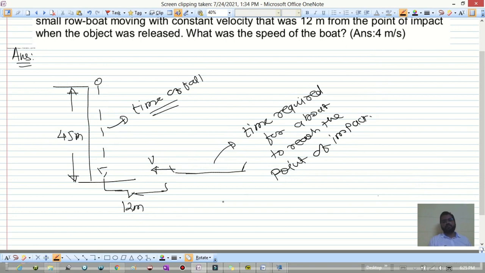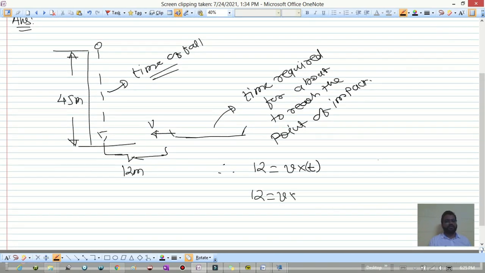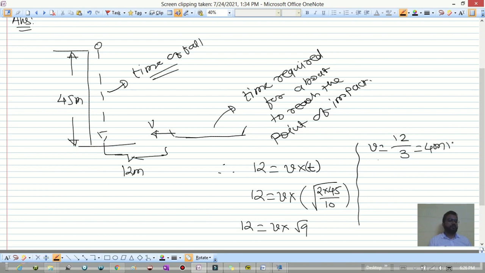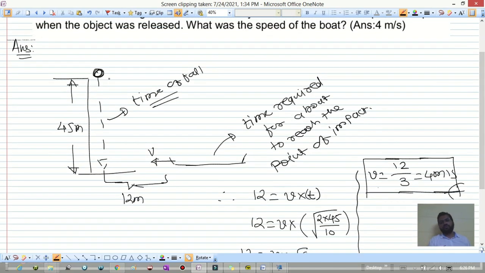So therefore we can write the distance traveled by the boat, 12, is equal to speed v into time. This time and the time of fall must be the same. So 12 is equal to v into the time of fall, root of 2h by g, which is root of 2 into 45 divided by g, with g as 10. So 12 is equal to v into root of 90 divided by 10, that is root 9. So v is equal to 12 divided by 3, that is 4 meter per second. If the speed of the boat is 4 meter per second, then and only then this object falls into the boat. So I hope this is clear.